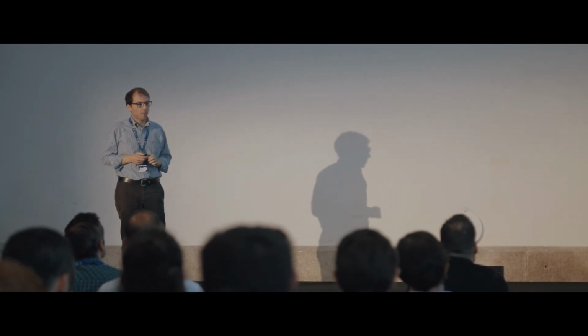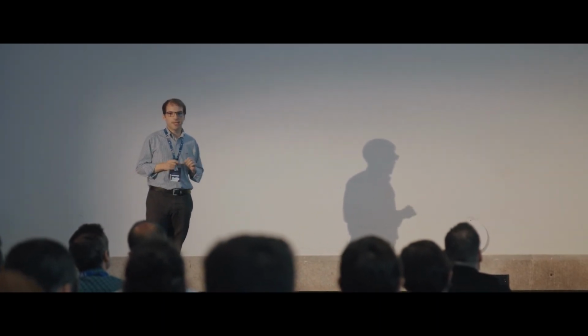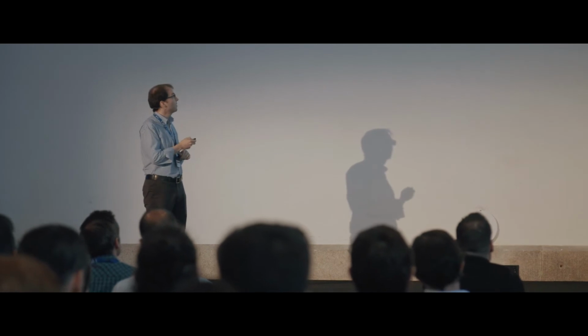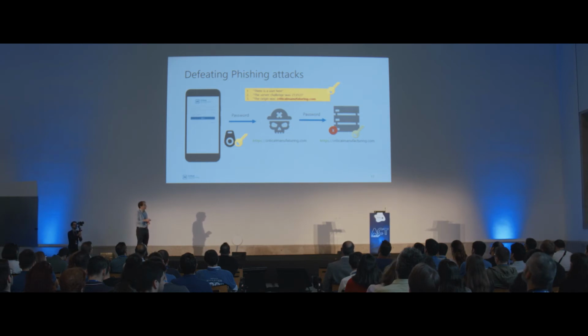If we suffer a phishing attack, the key will generate a different token because it has a different origin. So it will have a different pair of private and public keys, the encryption will be different, and the password will be refused at the original website that we want to access. So we'll be immediately alerted that we have introduced our password in the wrong website.